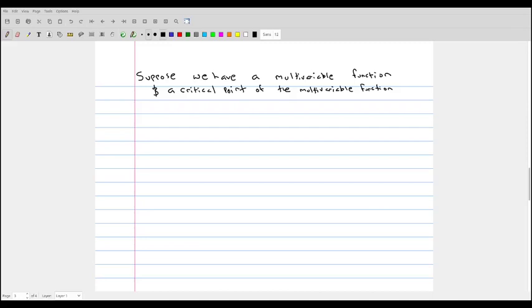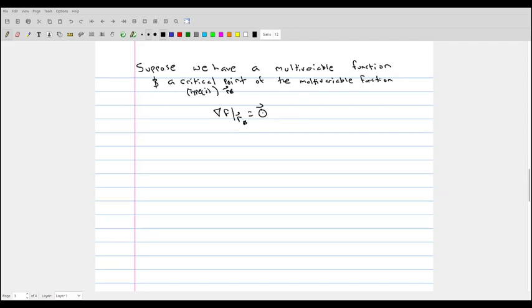We'll call that critical point R star. And specifically, we'll say that it's a critical point of type 1. So because of that, we know that the gradient of the function f at the point R star is equal to the 0 vector. Just all the partial derivatives are equal to 0.